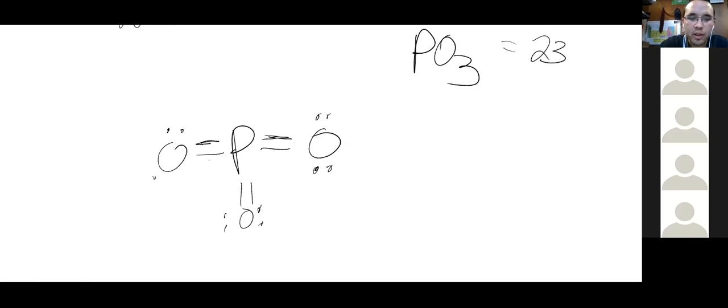But if we look at our formal charges, this one is going to be a -1 here, and this is a +1. So what would be a better Lewis structure?